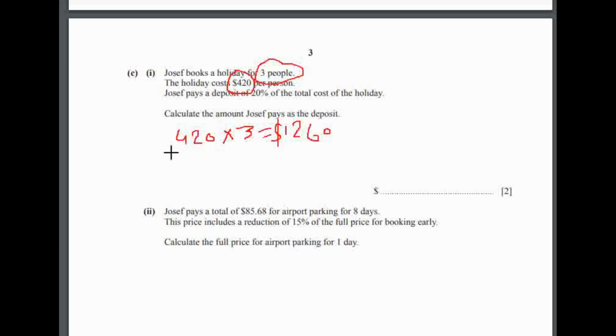We have to find the 20% of 1260. So 20% of 1260 comes out to be, percent means 1/100, and of will be changed into a multiply sign.